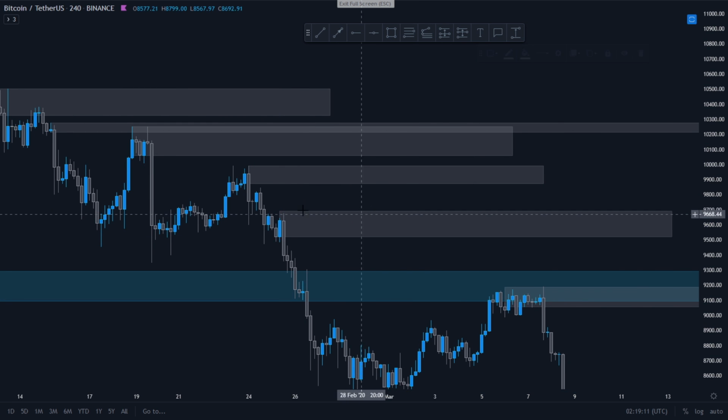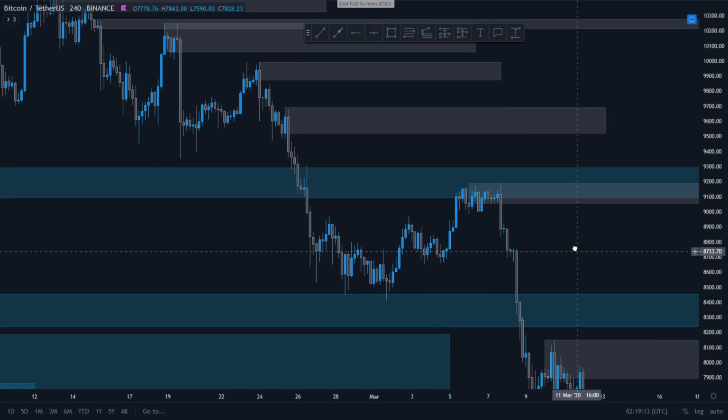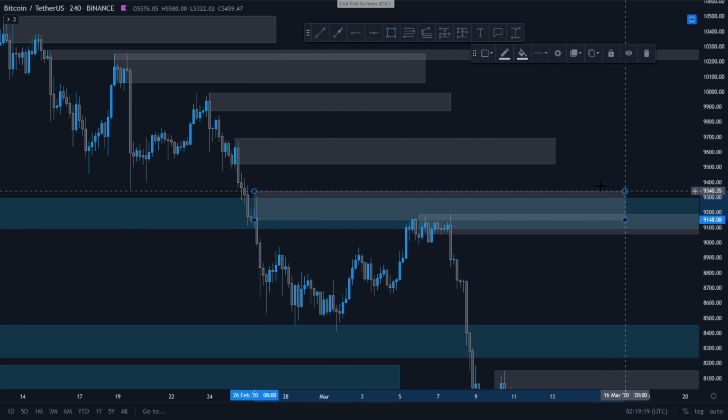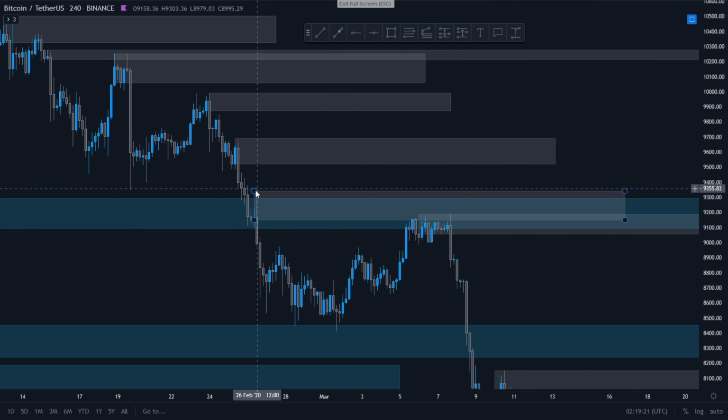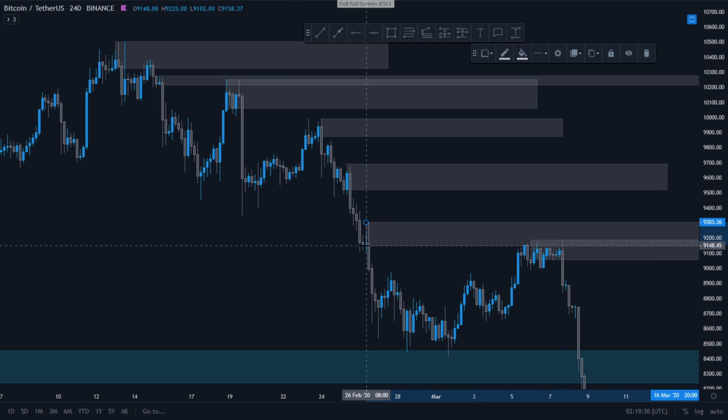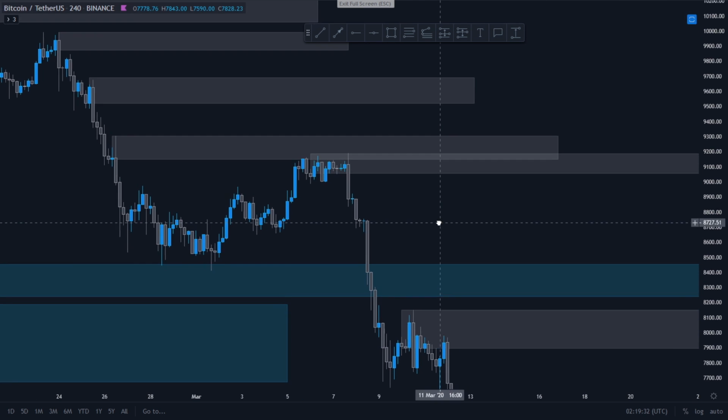This is a supply zone. This is also a supply zone. And as you see, price comes into that supply zone and reverses.